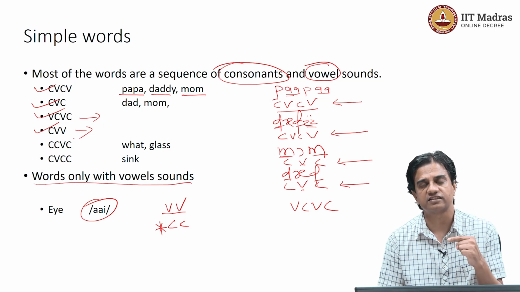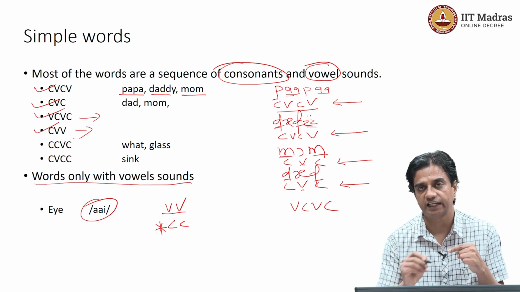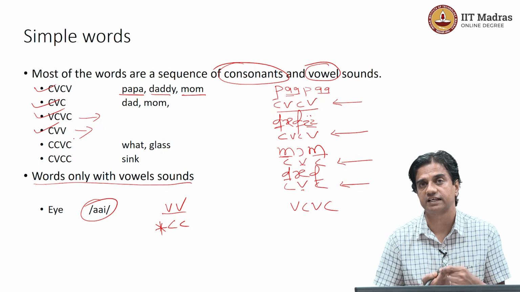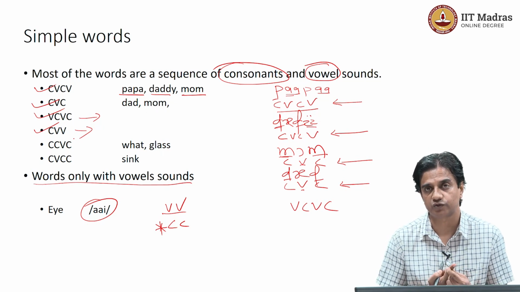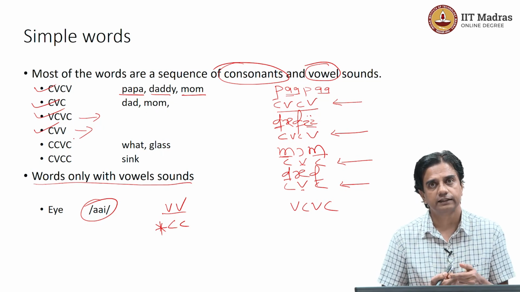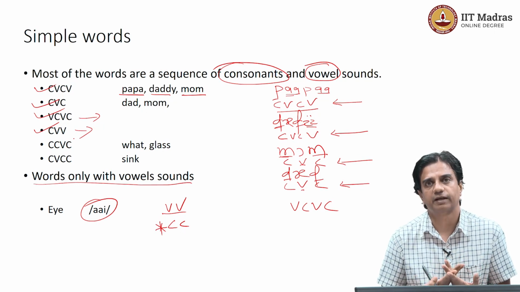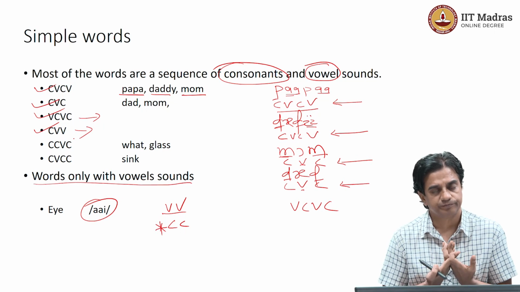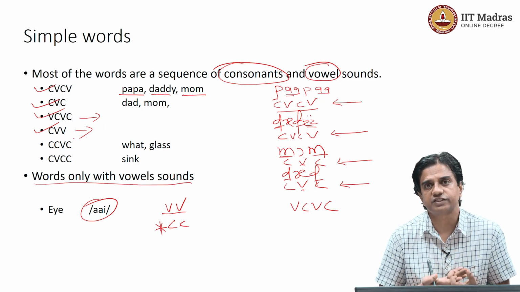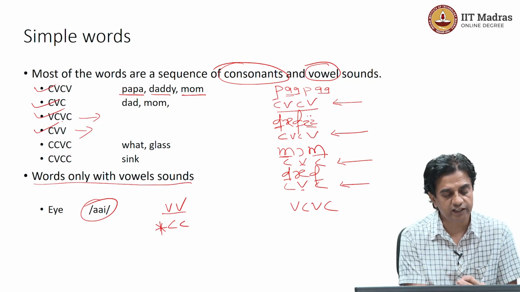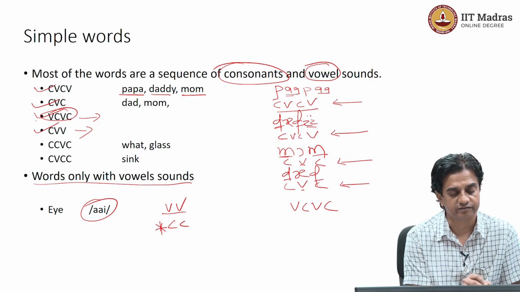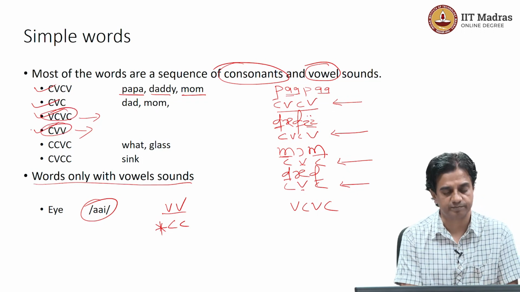Once you have done the exercise of finding the arrangement of consonants and vowels as patterns in those 20 words, then the next exercise that you should do to develop your understanding of underlying patterns of sounds in a word is to find a word which has this pattern.